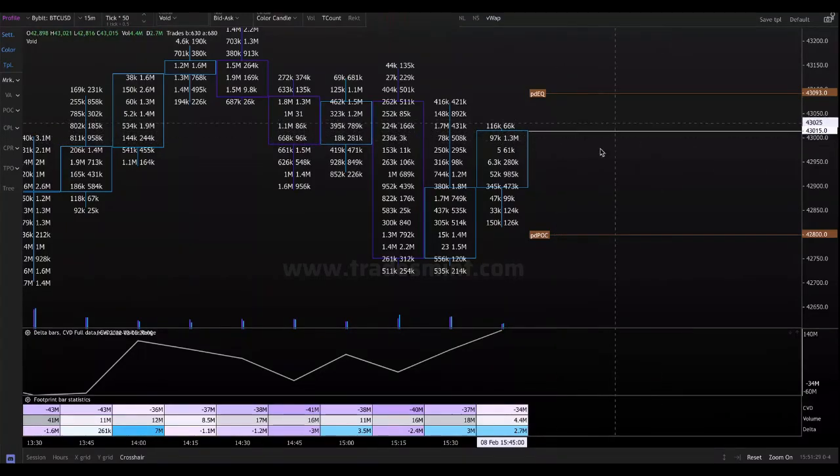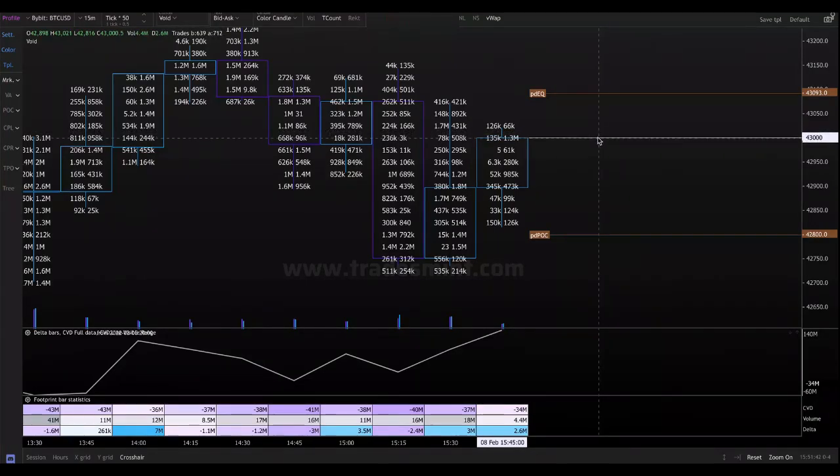So you can see, watch my mouse as I move down over here on the right-hand side, you can see the price, right? So right now, my mouse is on 43,000, and if I move down, you can see the price isn't really moving until I come down to 42,975. Okay, and then we don't get any more price change until all of a sudden I snap down to 42,950.